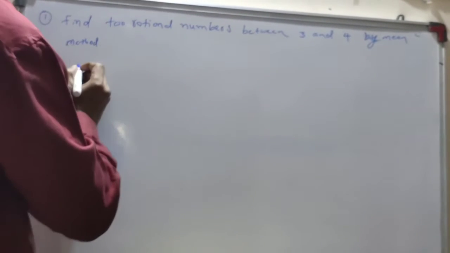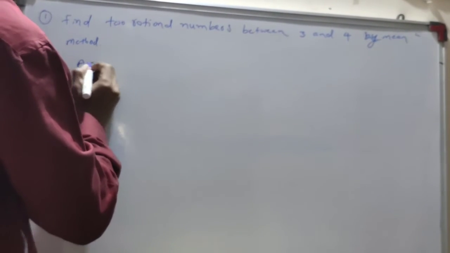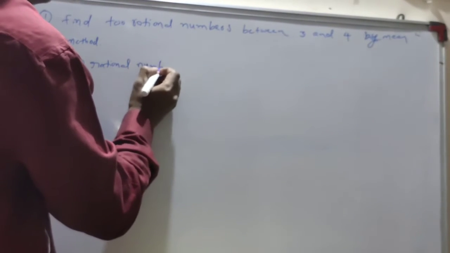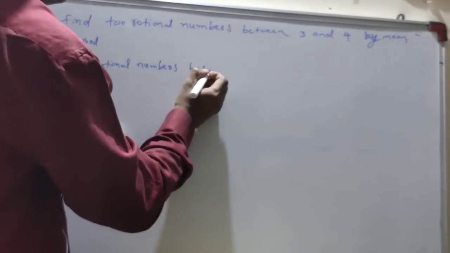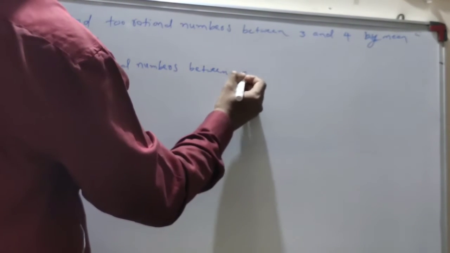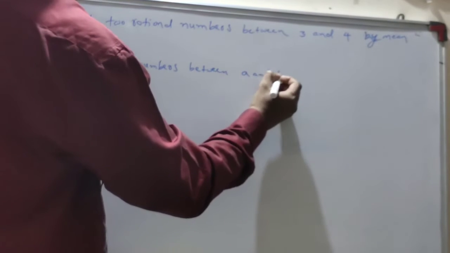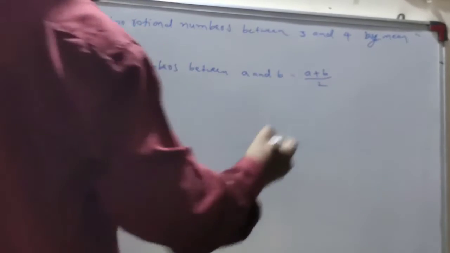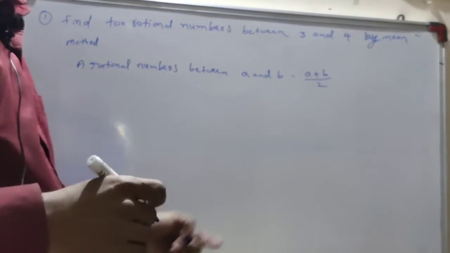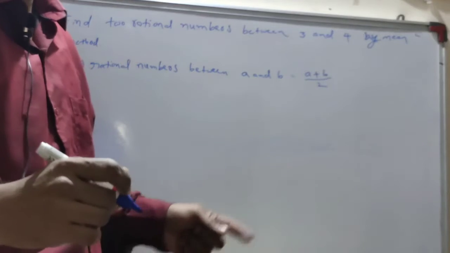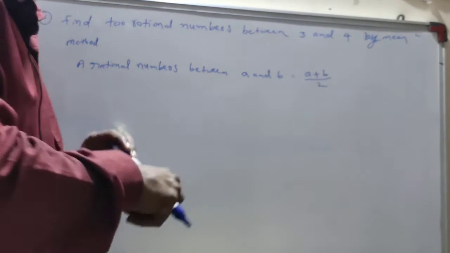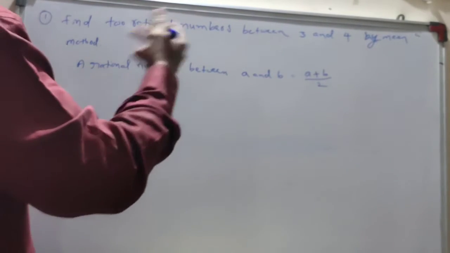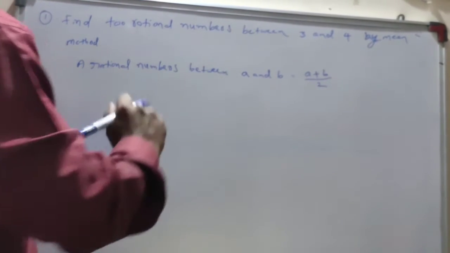A rational number between A and B, simply we can take it as (A plus B) by 2. Actually it is the mean formula: sum of observations by number of observations, that is (A plus B) by 2. So to get one rational number between 3 and 4, apply this formula.